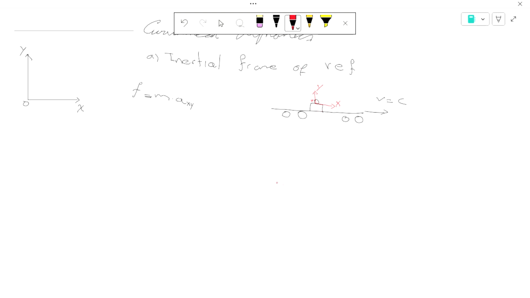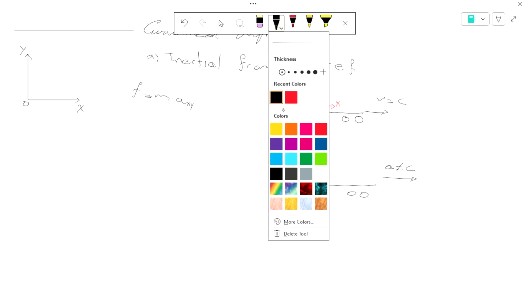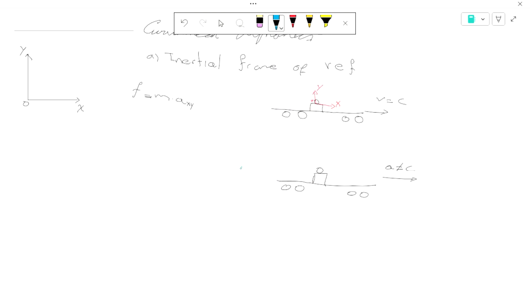But on the other hand, if we have a dynamic system, say again we have a train cart, and the train cart is accelerating, meaning that the velocity is not constant, then when we place the sphere on the cart, this ball is going to have a velocity or even an acceleration.